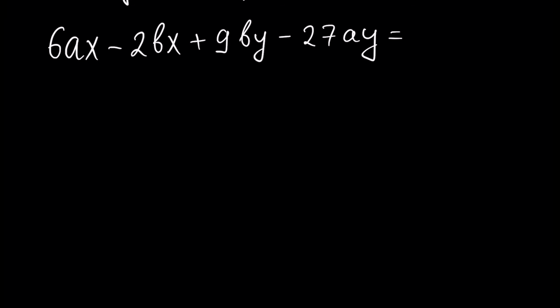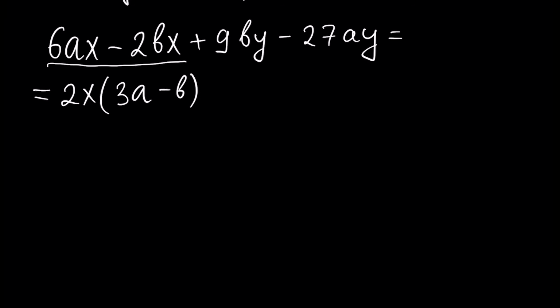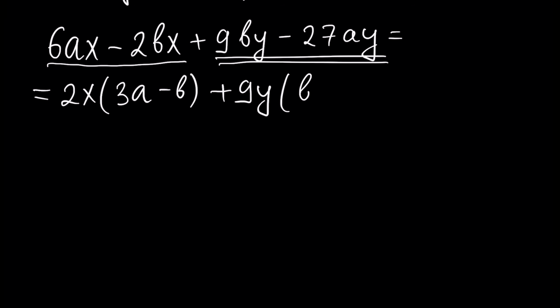We can take out 2x for these two terms, and we will have 3a minus b. Next, for these two terms, let's take out 9y, and we will have b minus 3a.